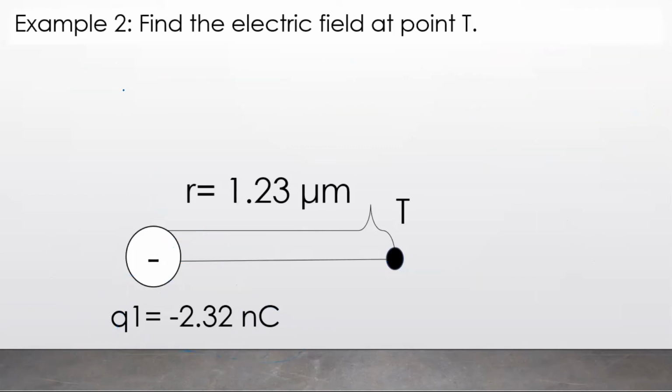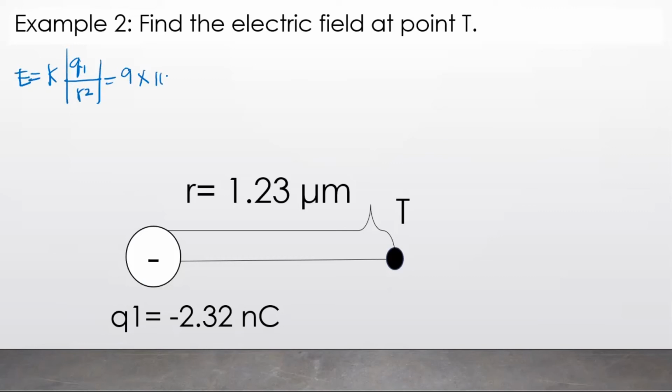Now let's try number 2. In problem number 2, Q1 is negative. Find the electric field at point P. We have E equals kQ1 over R squared, using absolute value.